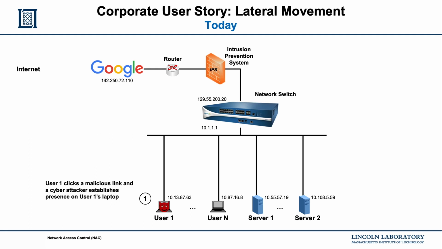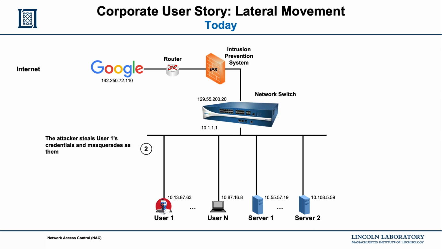Despite having a firewall in place, an adversary can get inside and establish a presence on a user's computer if that user accidentally clicks a malicious link. And from there, this attacker in this story can steal user one's credentials and masquerade as them.